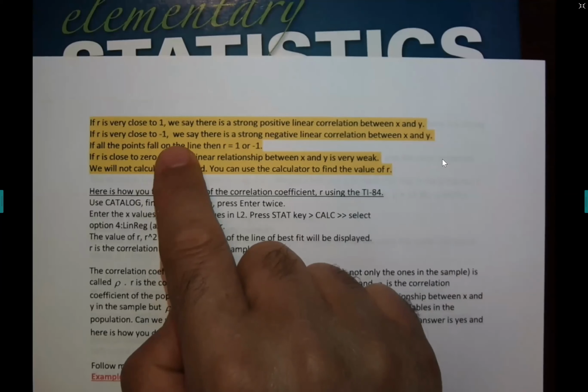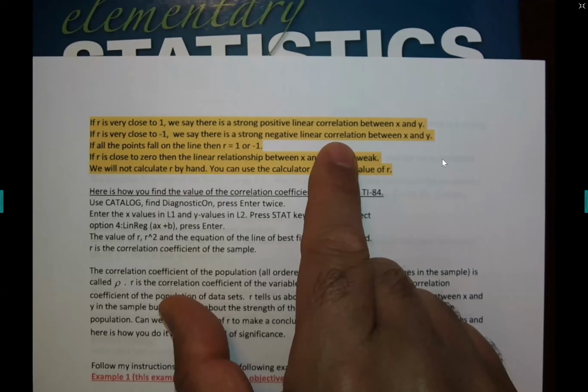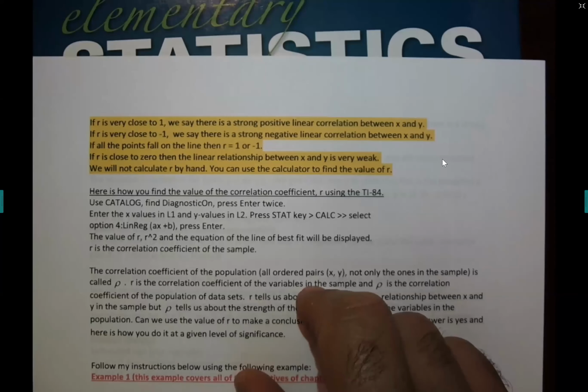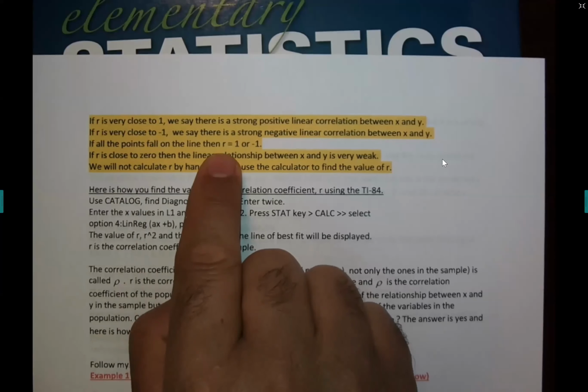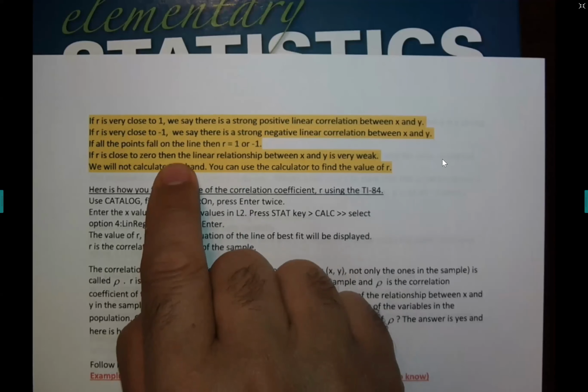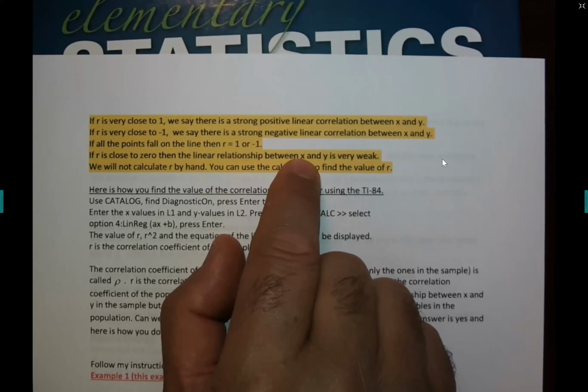If R is close to -1, we say that there is strong negative linear correlation between X and Y. When you did the diagnostic on, we did it just to display the value of R. If you don't do it, it will not display the value of R. So that's why we did that. If all the points are right on the line, then R will be 1 or -1. That will be a perfect linear relationship, guys. If R is close to 0, then the linear relationship between X and Y is very weak.